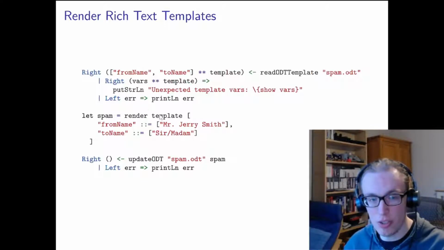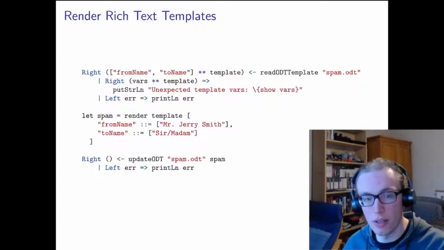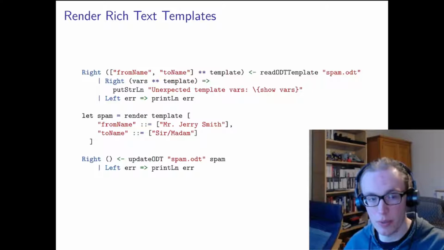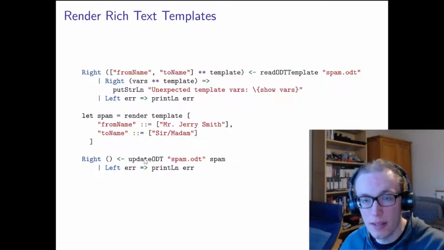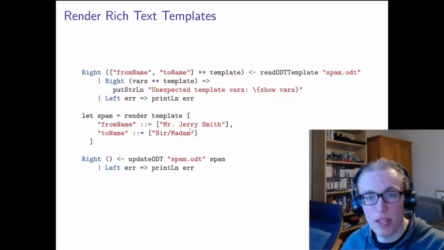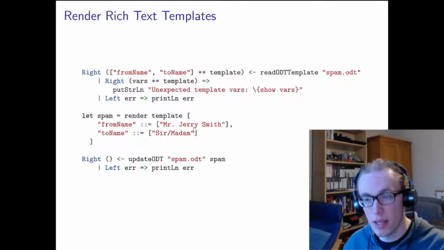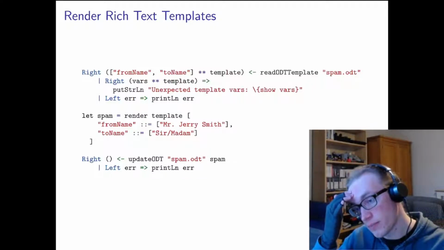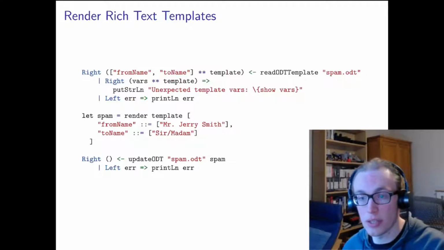We then use the update ODT method to do an in-place update of our XML document with all the substitutions. The values that we're substituting are actually XML contents.